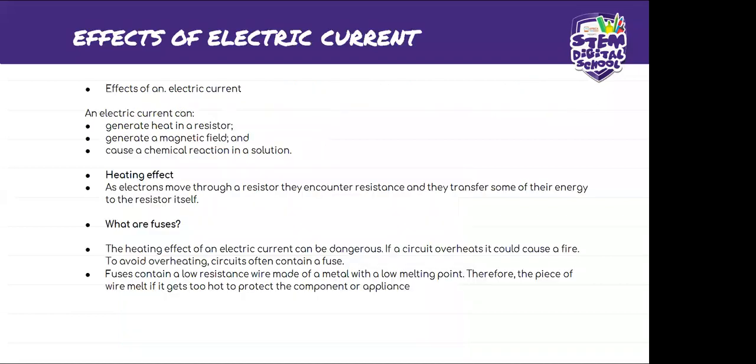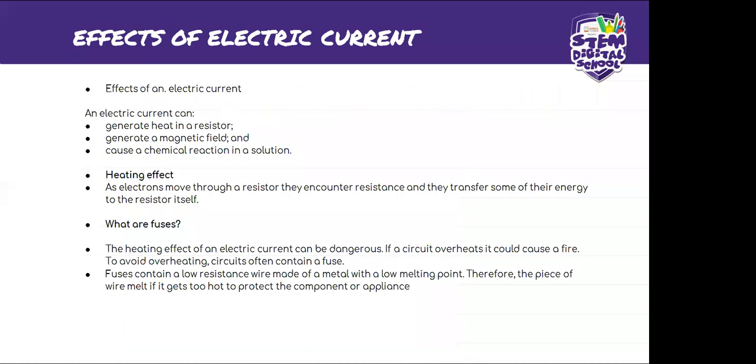All right, now let's go to the effects of electric current. When you have a complete circuit, it will transfer electrical energy from one terminal to the other. As this transfer is going on and the bulb is lit, indicating that there is charge flow, there is a certain effect.